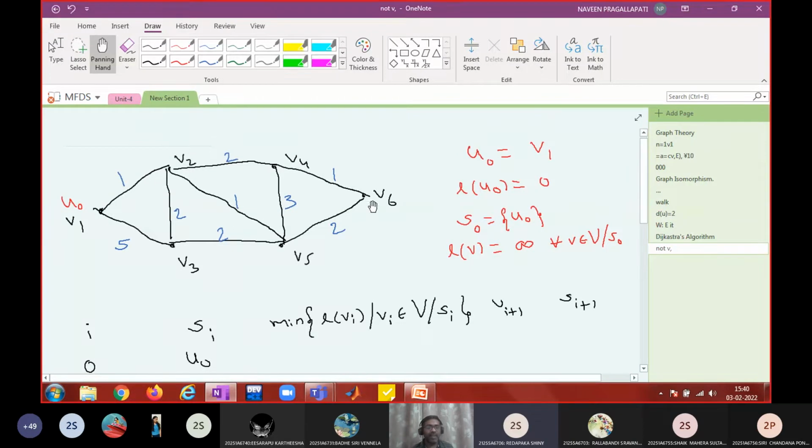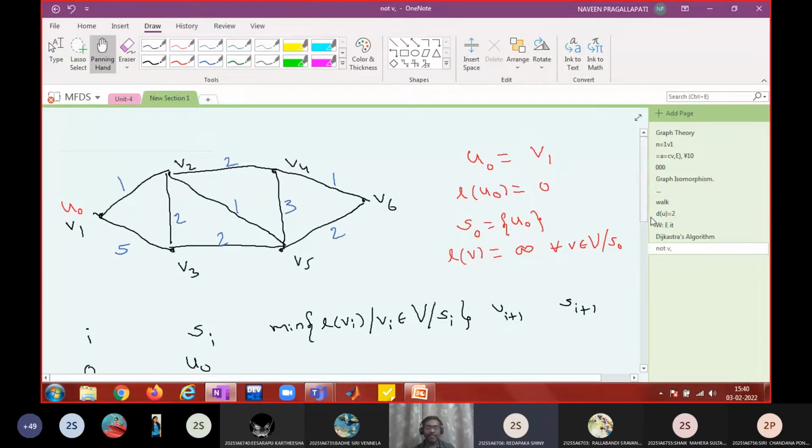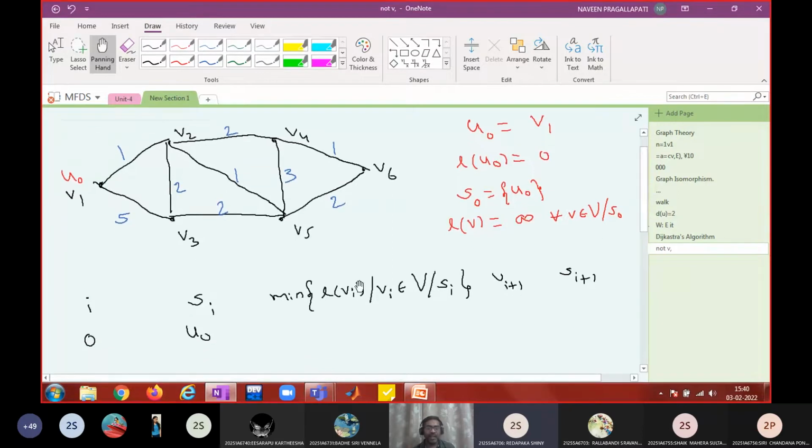So among all these vertices, you find out the vertex which has the shortest distance from the current set Si. As of now, Si contains only U0.